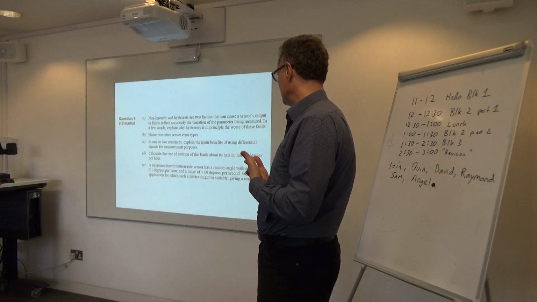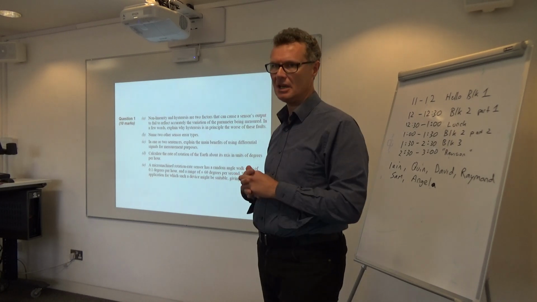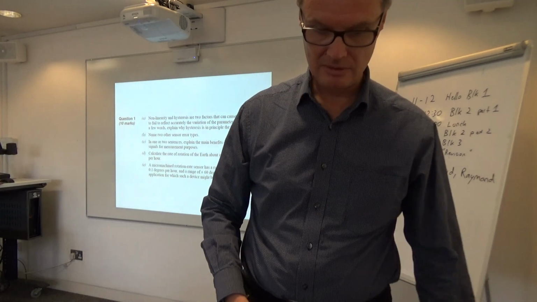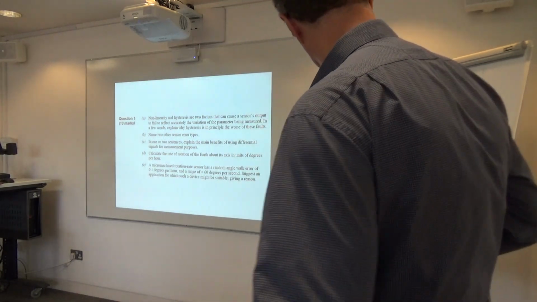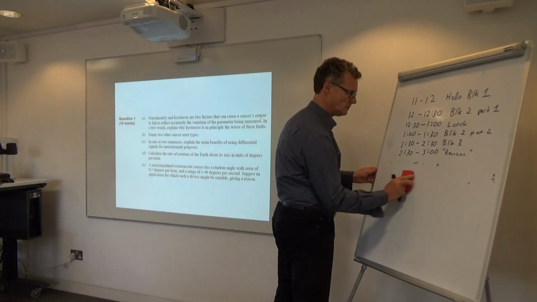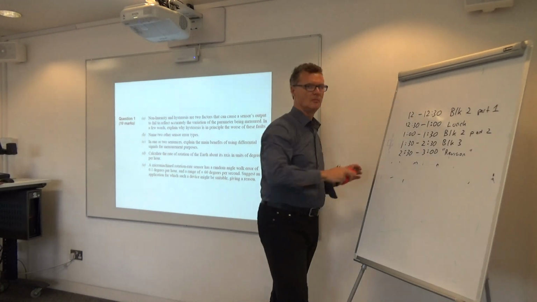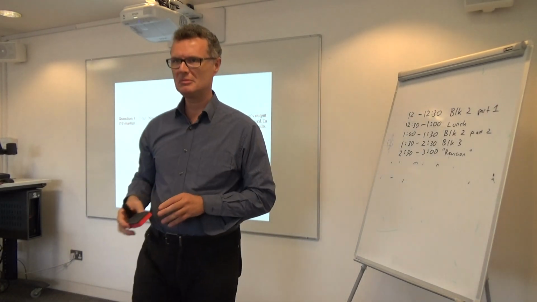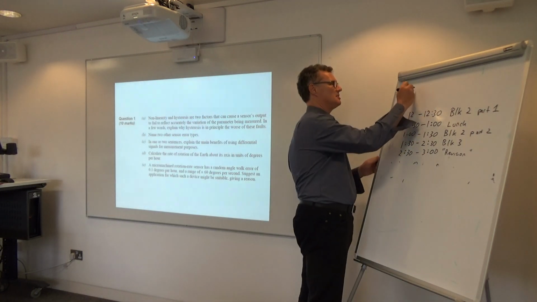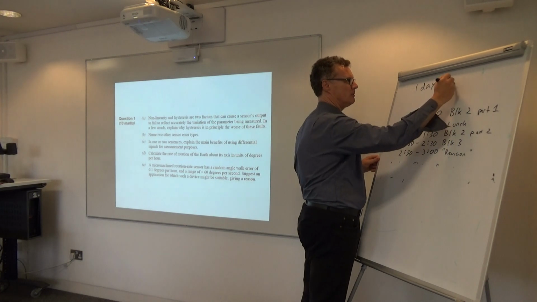How are we going to calculate the rotation of the Earth about its axis in degrees per hour? What information do we have here? Rotation, 1 day. Yeah, that's about all we know really. So, one day we've got 1 revolution.